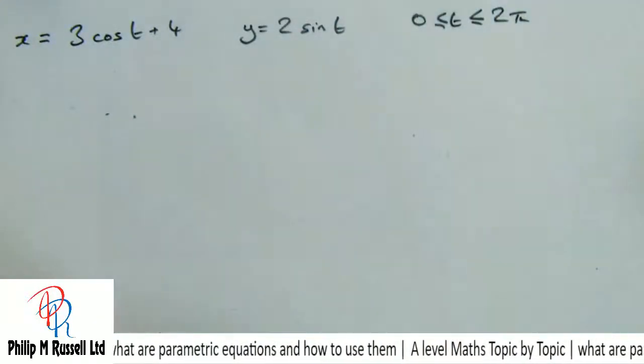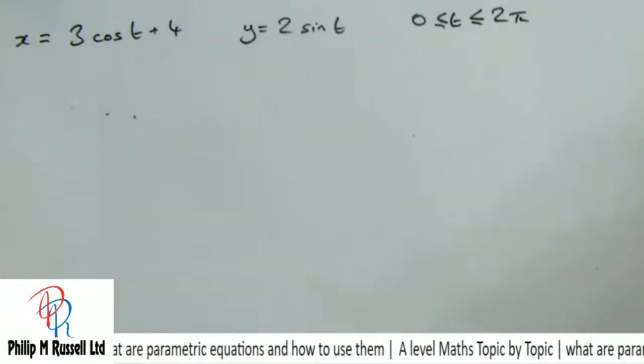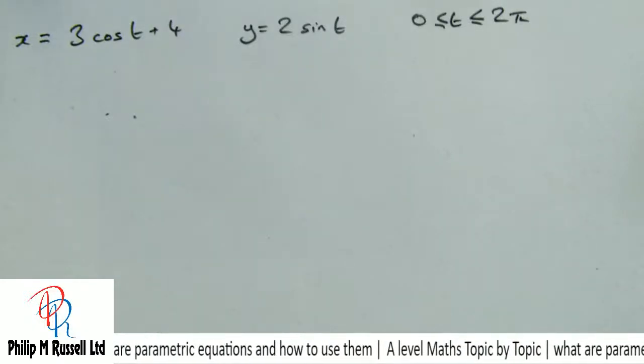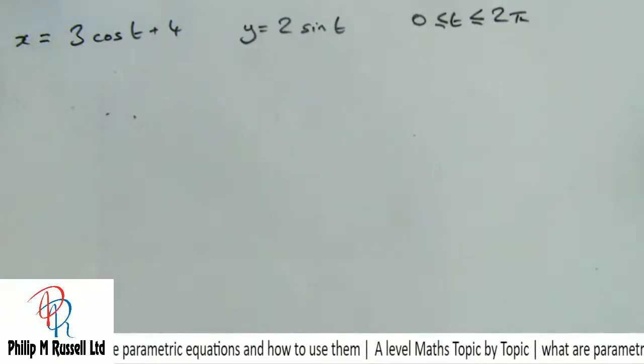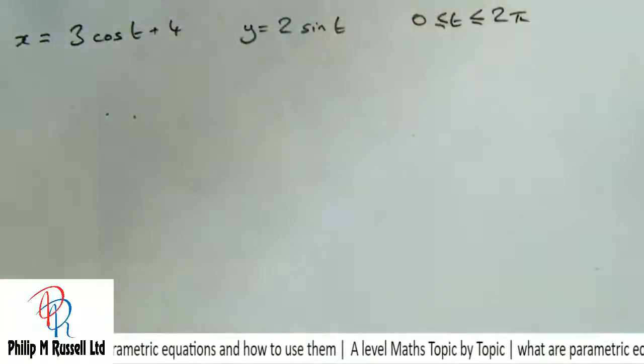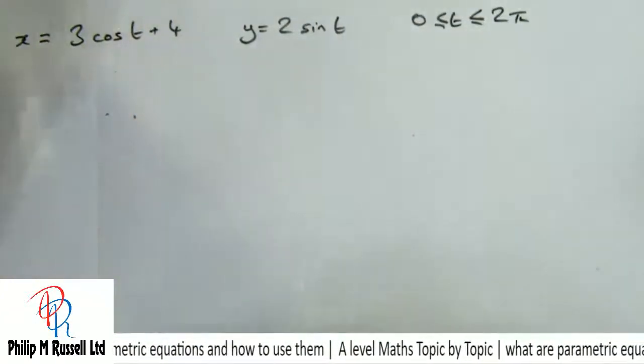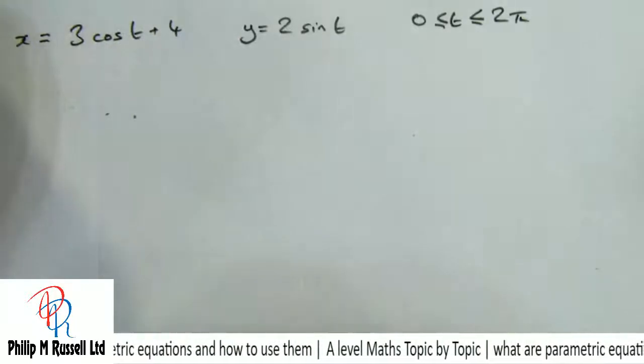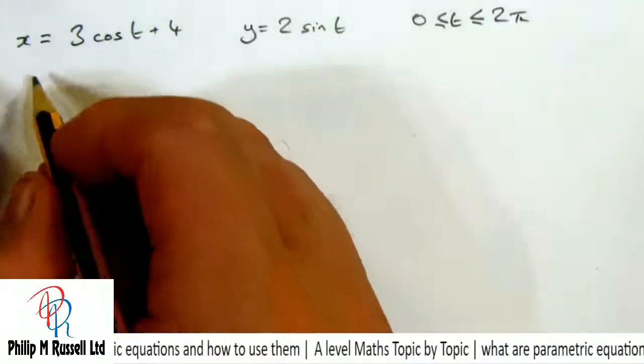Now what we've got to do is work out what the Cartesian equation is for this. So let's see if we can work out what this is going to be.